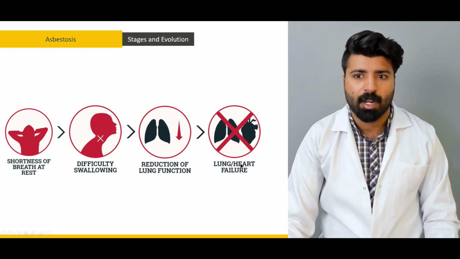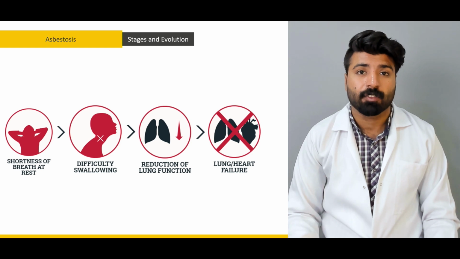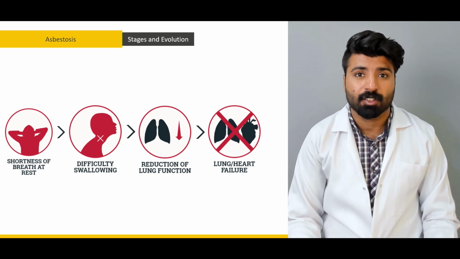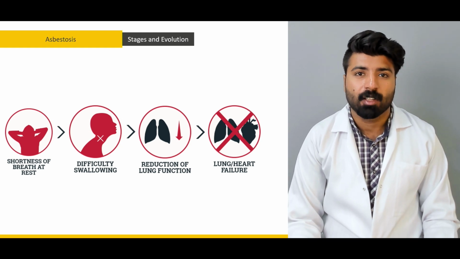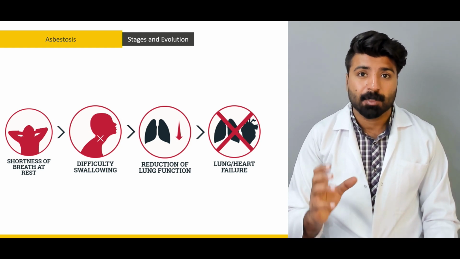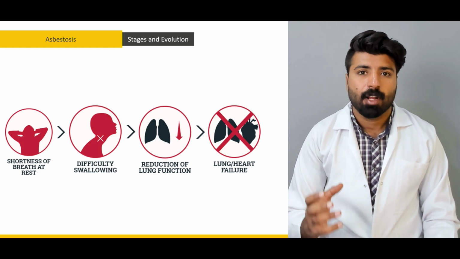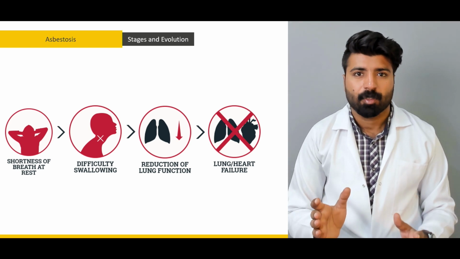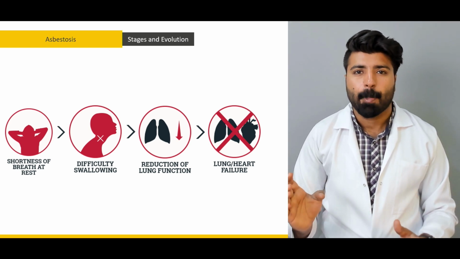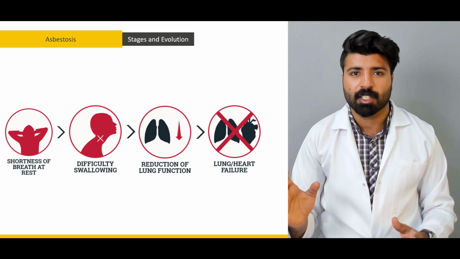Why is that happening? Why heart failure? Because if the lungs are not good enough for gas exchange, what will happen? The right ventricle will be subjected to more pressure. Heart and lungs are interrelated. They are a circuit. If the lungs are not working, blood is not getting the oxygen which it requires for normal functioning.